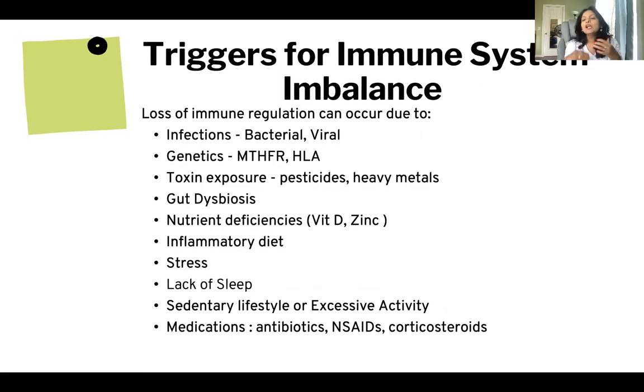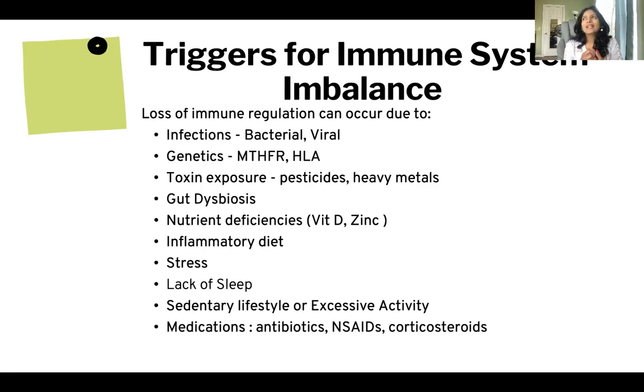I'll not go into the details here, but the MTHFR and HLA gene mutations can in turn cause a leaky gut situation where intestinal permeability is increased, and that can trigger a lot of immunogenic responses in the body and play a role in immune imbalance. Then there are toxin exposures like pesticides and heavy metals.